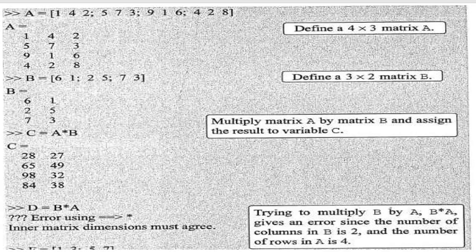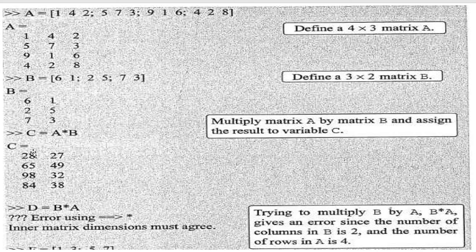Similarly we create another matrix B. This is of order 3 by 2, 3 rows and 2 columns. So B matrix equal to 6, 1, semicolon, 2, 5, semicolon, 7. In the resultant we get values 28, 27.